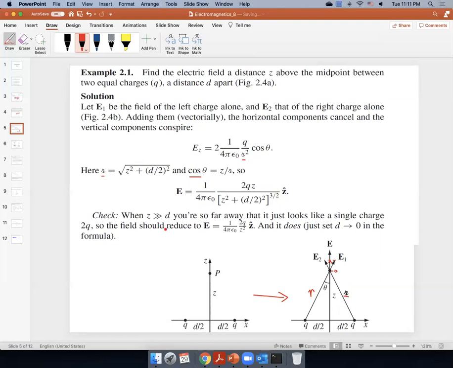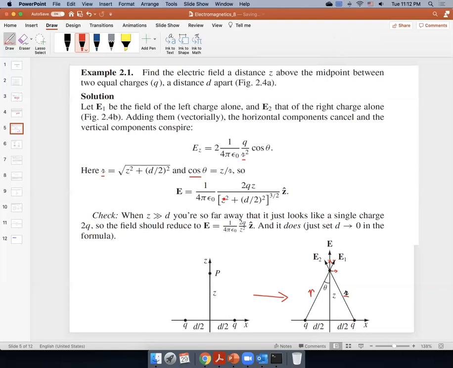And when z is much, much greater than d, or if z is in a very long distance compared to the distance between Q and Q, then you're so far away that it looks like a single charge 2Q.